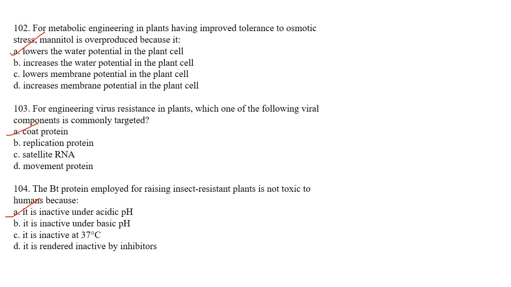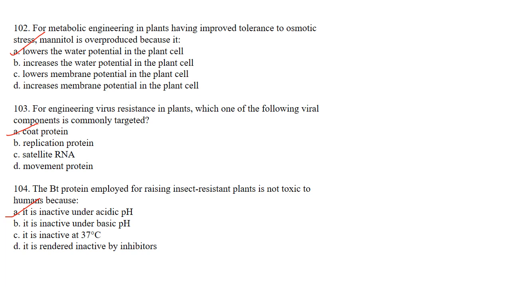For metabolic engineering in plants having improved tolerance to osmotic stress, mannitol is overproduced. Osmotic stress is a sudden change in the solute concentration around a cell, causing a rapid change in the movement of water across its cell membrane. Osmotic stress leads to efflux or influx of water from or into the cell.